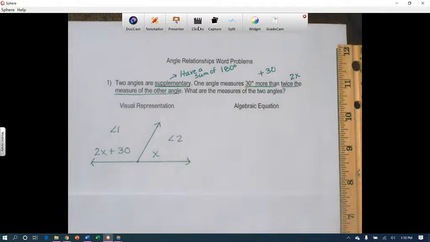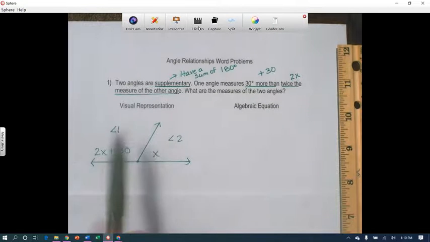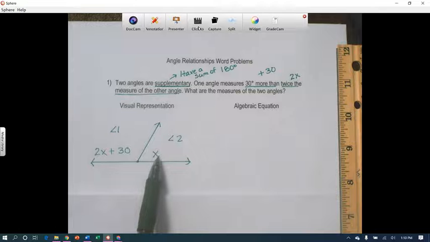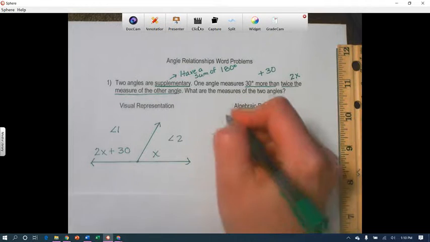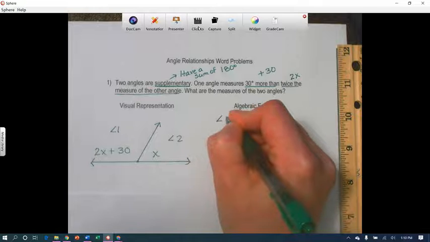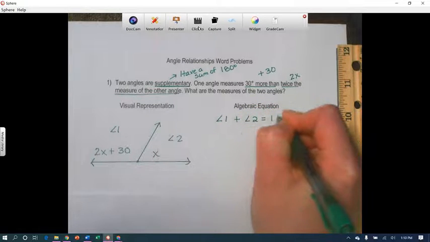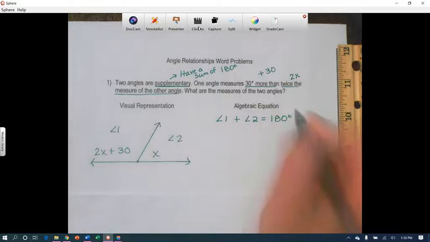So I have one angle with the expression of 2x plus 30, and the other angle, we don't know that measure either, so we're just going to use x. And I know that these have to have a sum of 180 degrees. So if I add these up, angle 1 plus angle 2, the sum is 180 degrees.